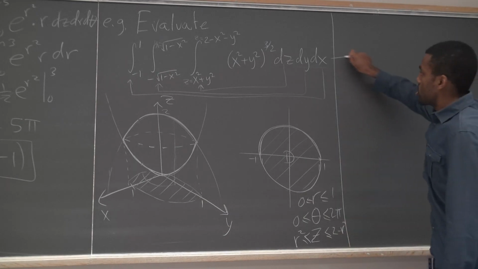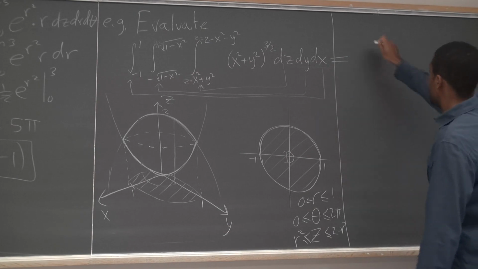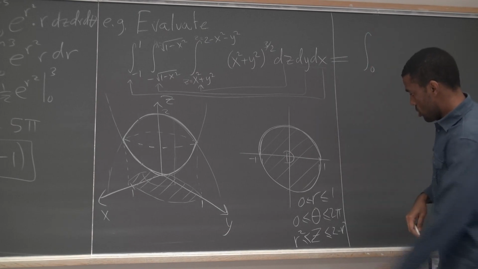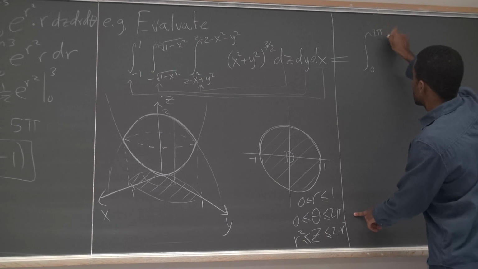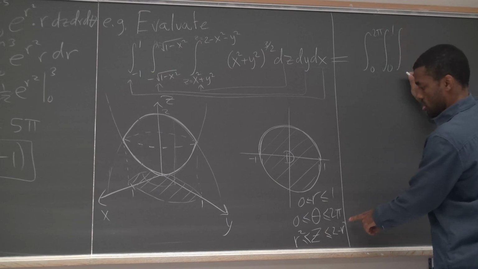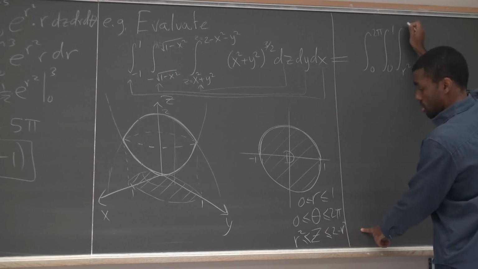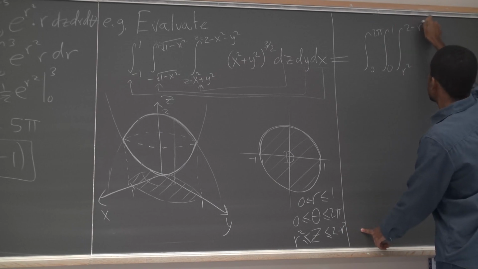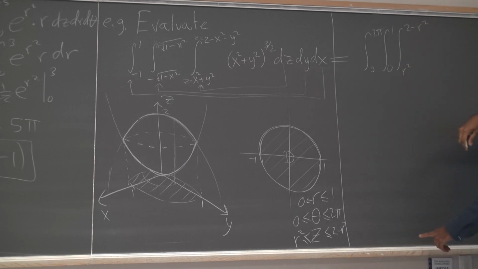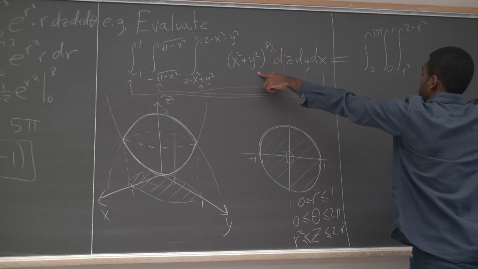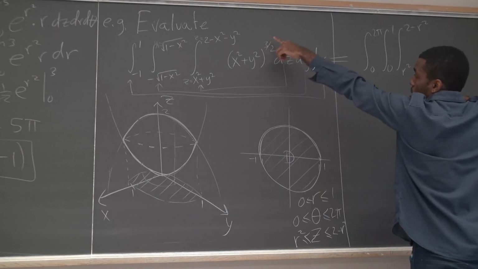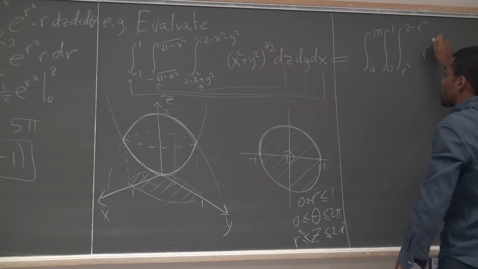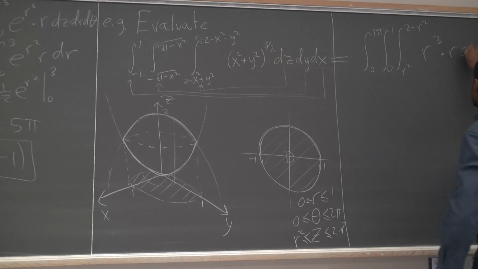So this integral I could set up as 0 to 2 pi, 0 to 1, r squared up to 2 minus r squared. This guy, x squared plus y squared, is r squared. R squared to the 3 halves, the 2's would cancel, I just get r cubed times r, dz dr dtheta.